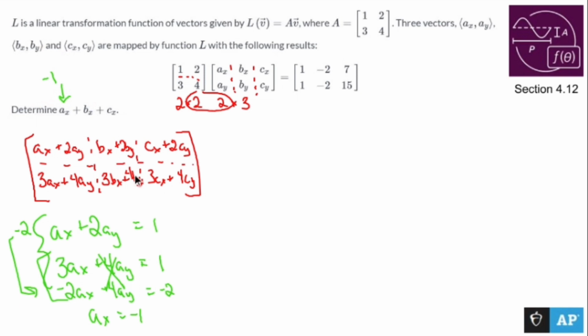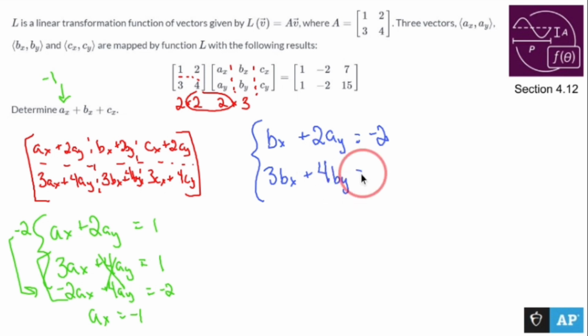We'll set up a system of equations with the two numbers in the middle here with the middle column. So we have b sub x plus 2b sub y is going to equal -2 because it's the top row middle column. Okay, that's going to match up with 3b sub x plus 4b sub y equals also -2.